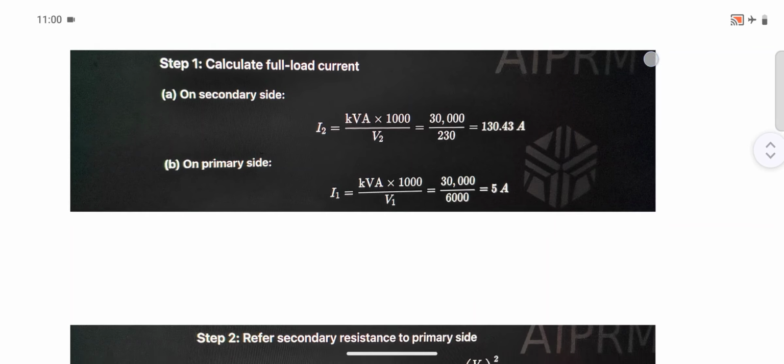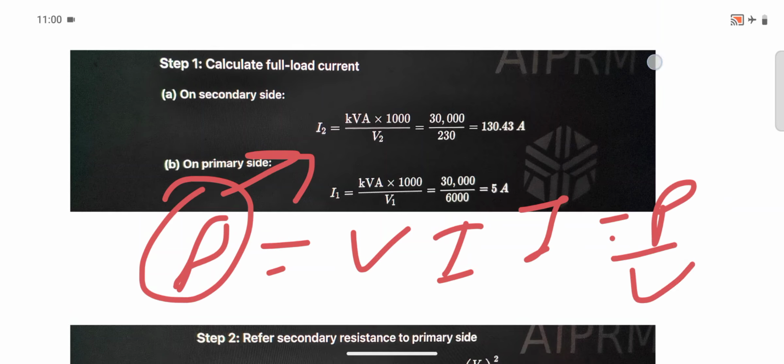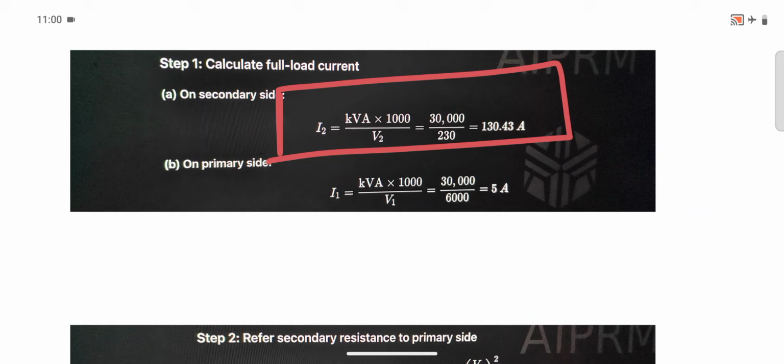Now on secondary side, full load current. So how we will calculate? Simply power is equal to VI, and it is given in rating kilovolt ampere. So I is equal to power by voltage. Then I2, kilovolt ampere, power is voltage into current.